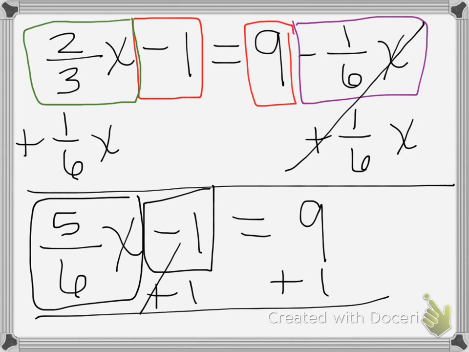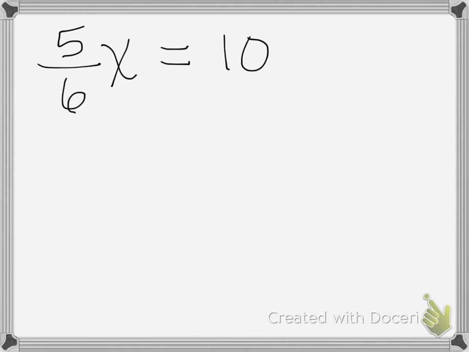I'm running out of room because I'm writing too big. And I'm left with, go to the next page, 5/6 of an x, my 1's zero paired out, and then I had 9 plus 1, and that gave me 10.